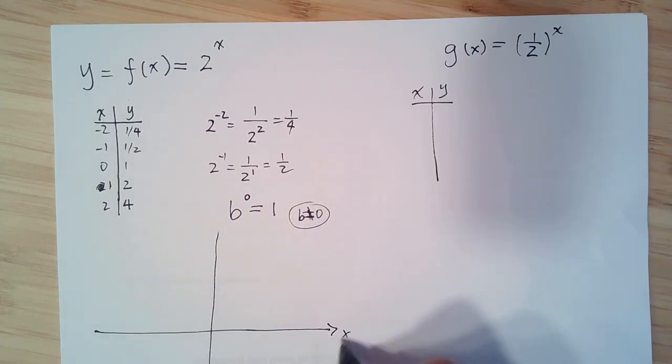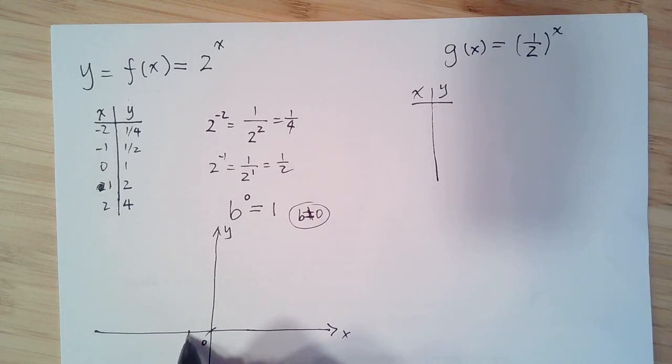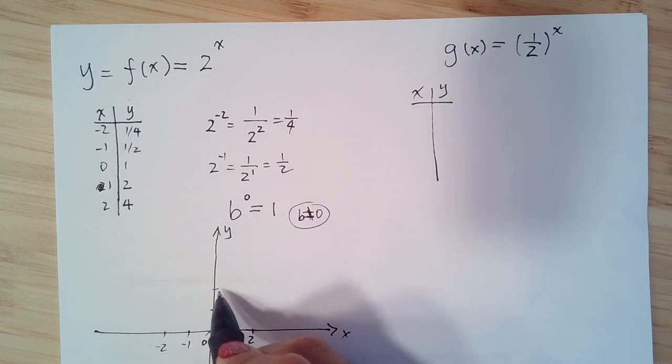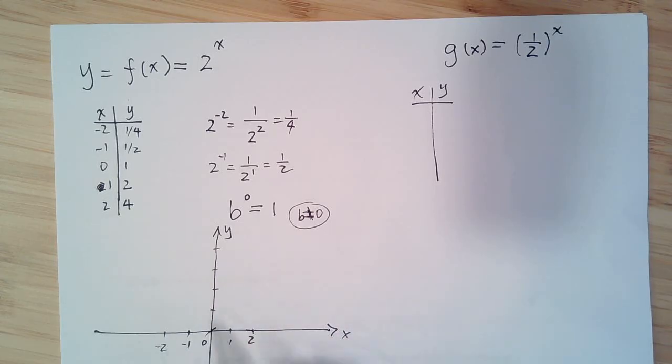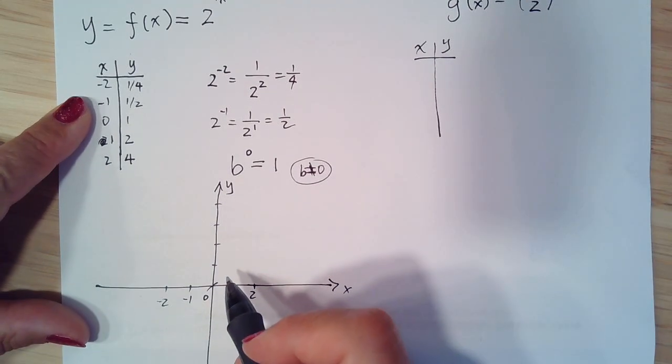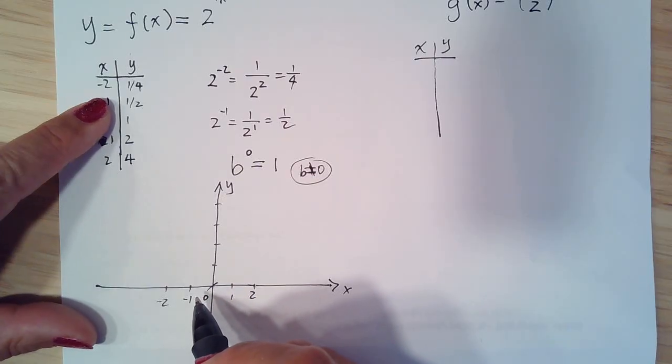So we go x and y. And here is 0, -1, -2, and +1, +2, and 1, 2, 3, 4. Now, the first point we have is -2 and a quarter.